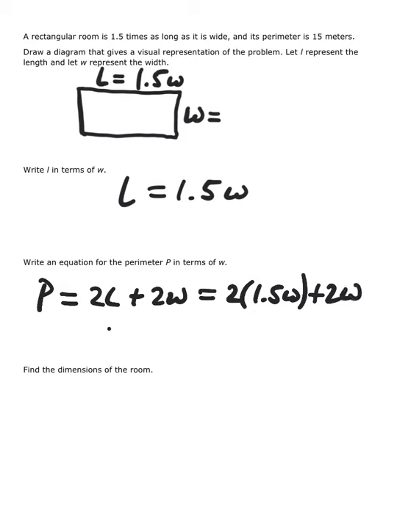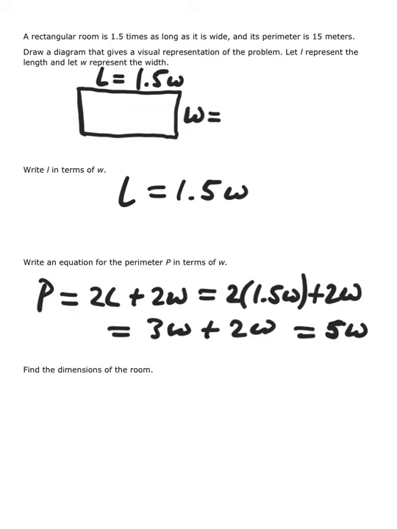Two times 1.5, that's 3W, plus 2W is equal to 5W. So that is the perimeter in terms of W. Let me write that a little better. Okay, so perimeter equals 5W.